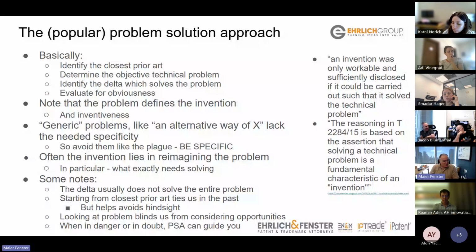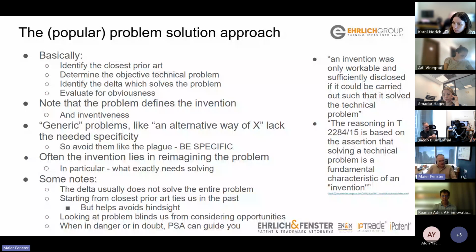When you start from the closest prior art, it automatically ties you to the past, which is bad, interferes with thinking about the future. But on the other hand, it helps prevent hindsight. On the other hand, a bit of tunnel vision today, when you look at the problem, it blinds you from opportunities. Okay?